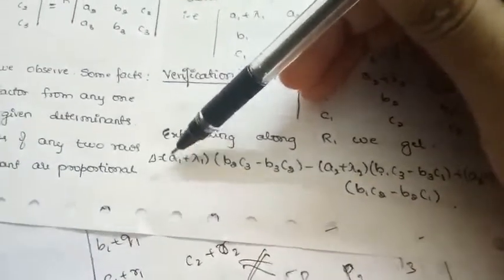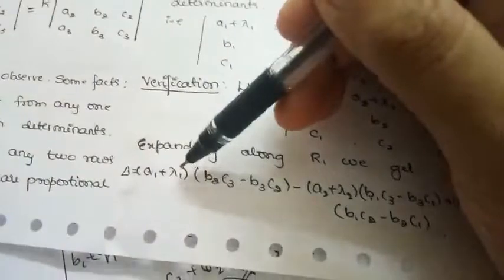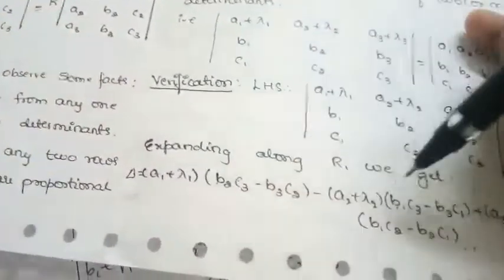This a1 is multiplied to this element, a2 is multiplied to this element, a3 is multiplied to this element, and this one is kept on one side. Second, lambda 1 is multiplied to this element, minus lambda 2 is multiplied to this element, plus lambda 3 is multiplied to this element, and they are kept aside.